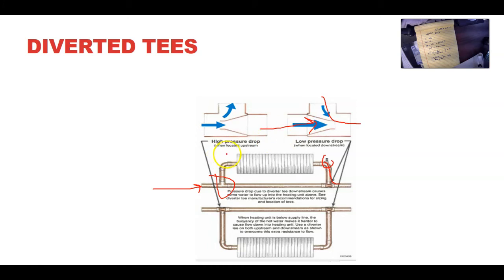So high pressure drop when located in the upstream. You do not want to put diverter in the upstream, you want to put it in the downstream to not absorb a lot of pressure, but we still have some kind of pressure drop. And again, it can be put in the bottom or on the top as well.